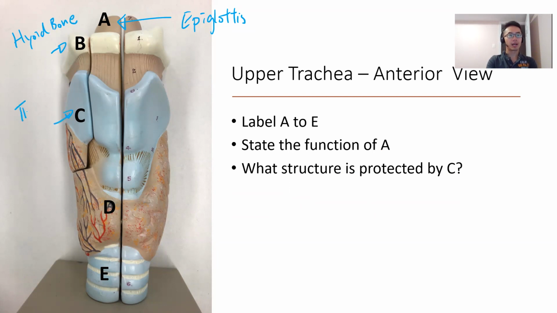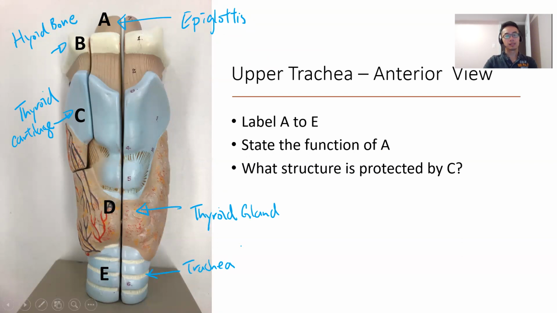C is the thyroid cartilage. D is the thyroid gland. And E is the trachea. What structure is protected by C? Larynx. Okay.